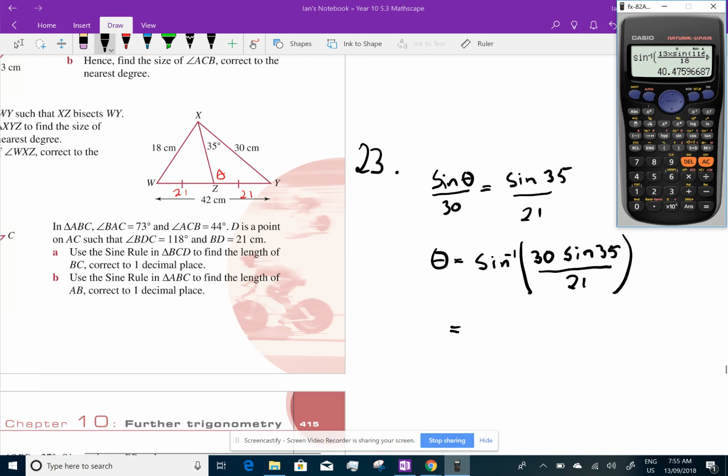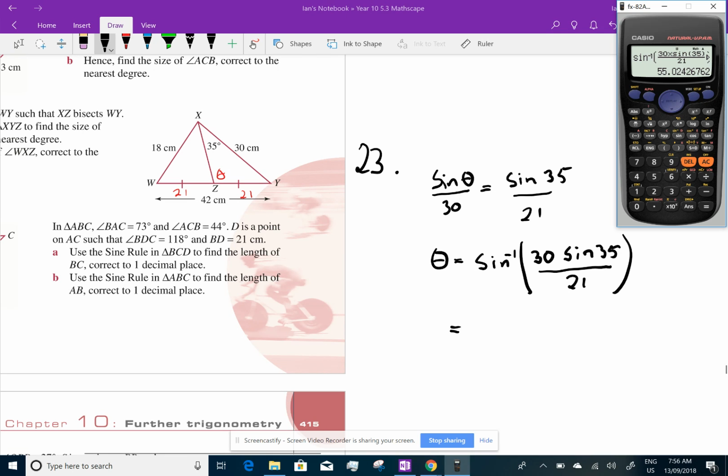And I'll go to my calculator, and I've got all that in there, so I'm just going to go back along and change the numbers. So you've got 30, 35, and come down here, 21.